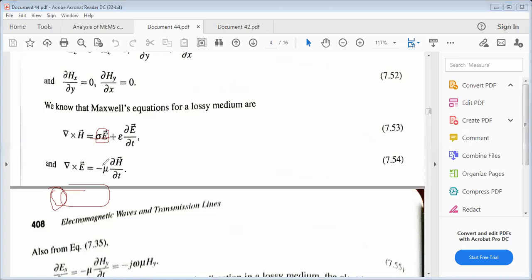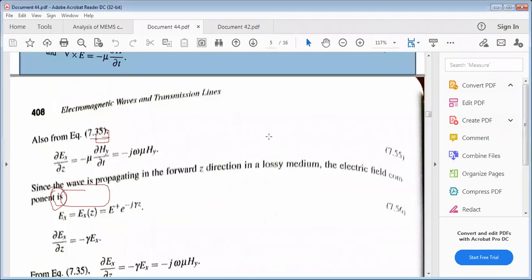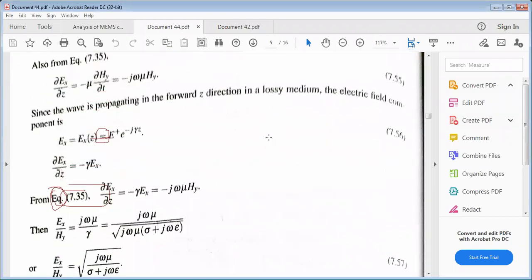Similarly, del cross E equal to minus B dot. So minus mu into B dot, which means dou B by dou t, means dou H by dou t. So from the above equations, dou Ex by dou z equal to minus mu into dou Hy by dou t, equal to minus j omega mu Hy.